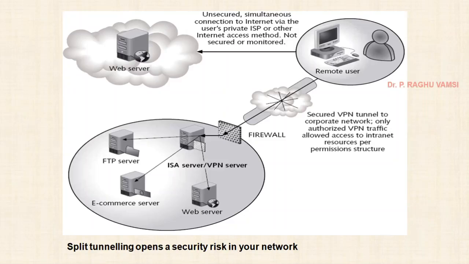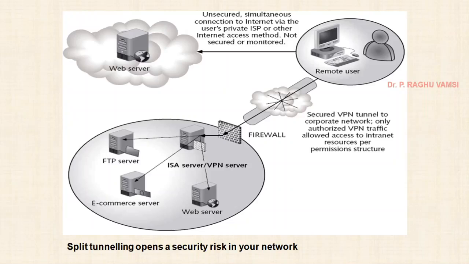So here is an example diagram showing that a remote user can sometimes connect to the internet or a web server in an unsecured manner, with simultaneous connection to the internet via the user's private ISP or other internet access methods. That is the reason split tunneling opens a security risk in our networks.